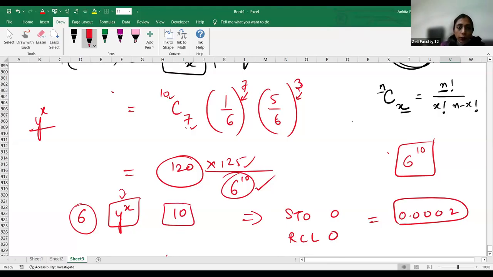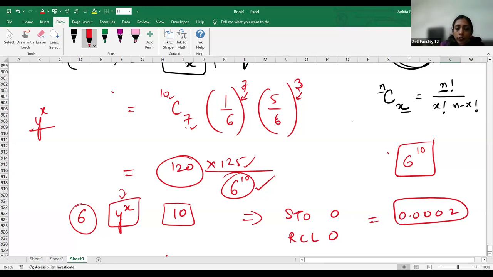You'll get a very large number. Tell me if you're there till the large number. Yes, ma'am. Now we have to save this so that we don't have to input this again. So to save this, what do we have to do?